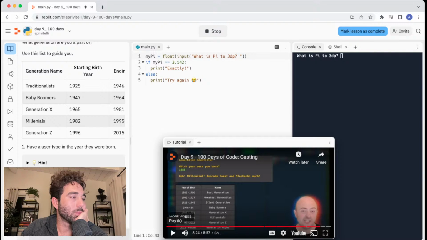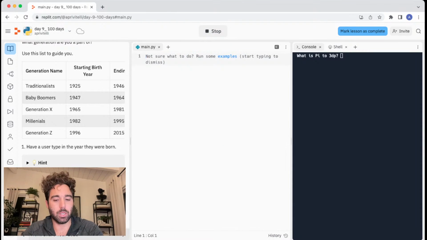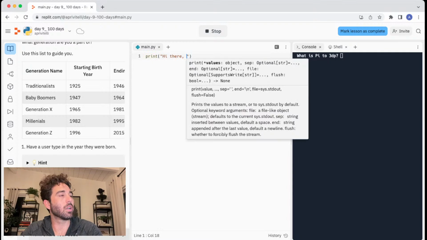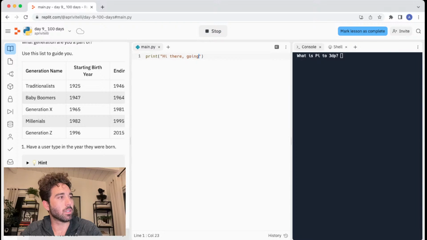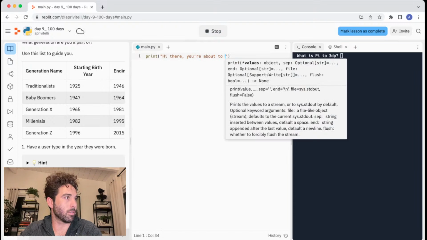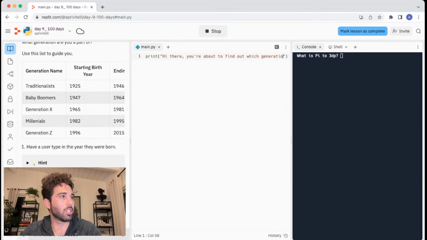Which year were you born? Question, response. Okay, let's do it. Alright, print. Hi there. You're about to find out which generation you belong to.